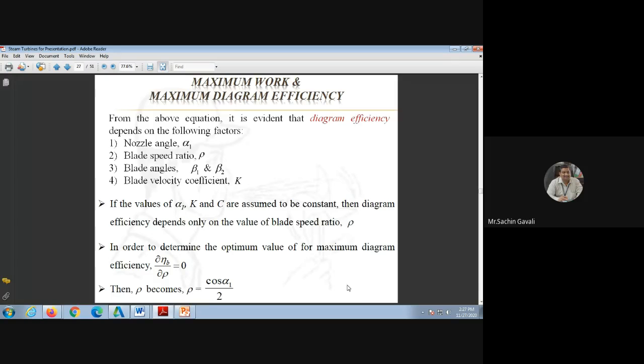If the values of alpha 1, k and c are assumed to be constant, the diagram efficiency depends only on the value of the blade speed ratio. So these are the blade coefficients, these are values of the blade. So the only variable quantity is rho, u upon v1.